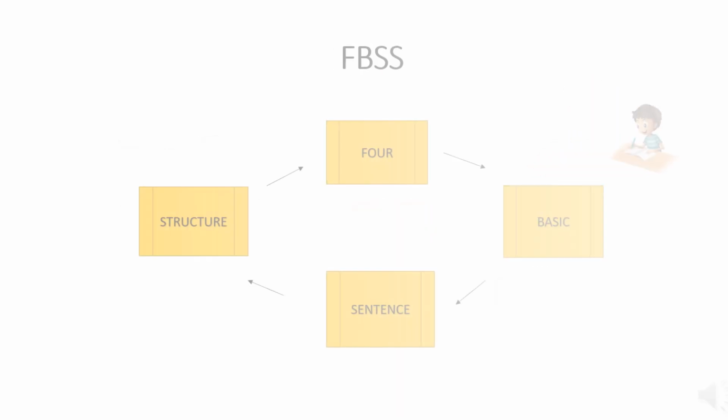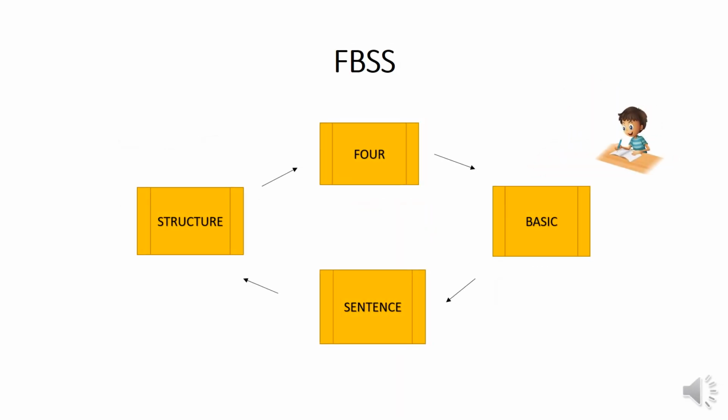And the third category consists of the four basic sentence structures. It's important for you to understand that as well, so that you know how to construct your sentences in the proper and acceptable manner.